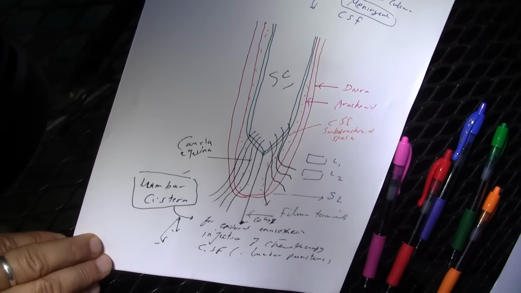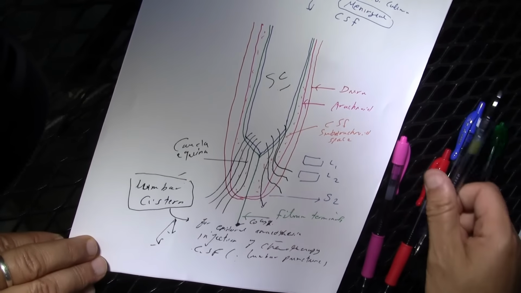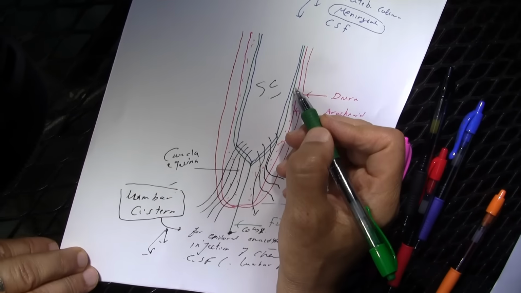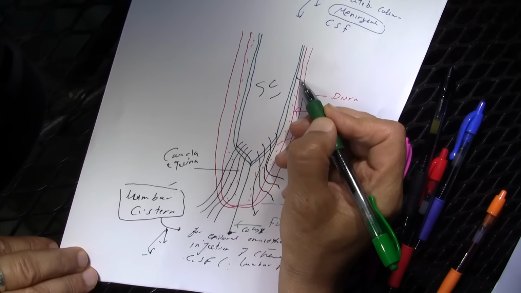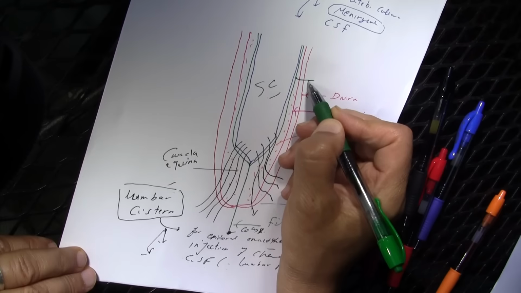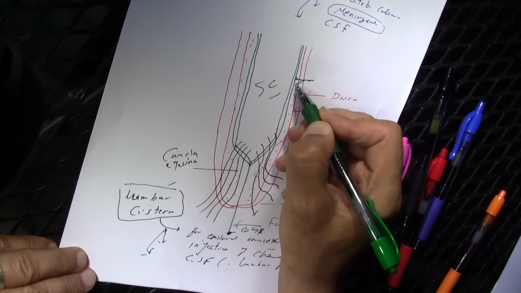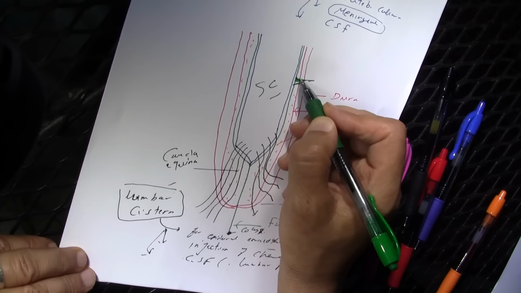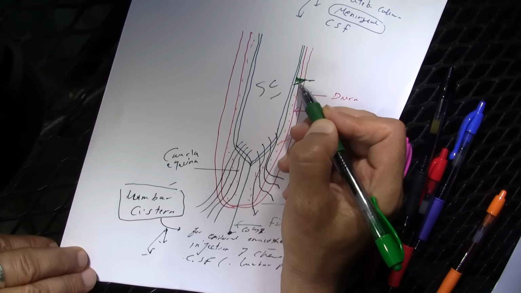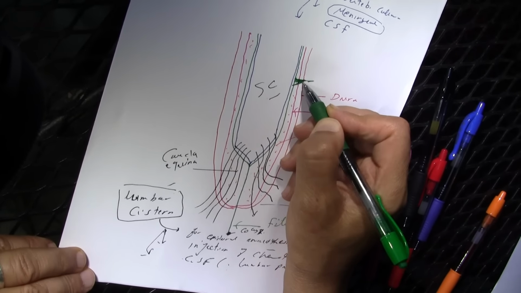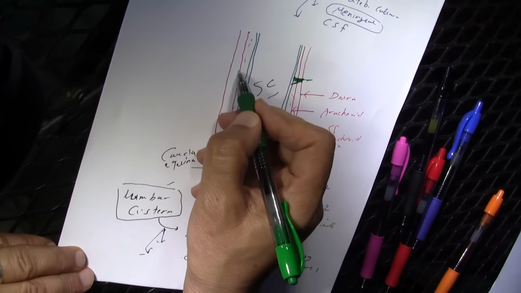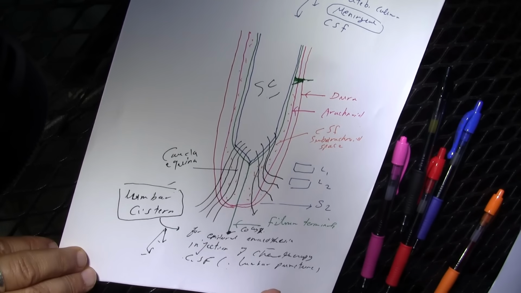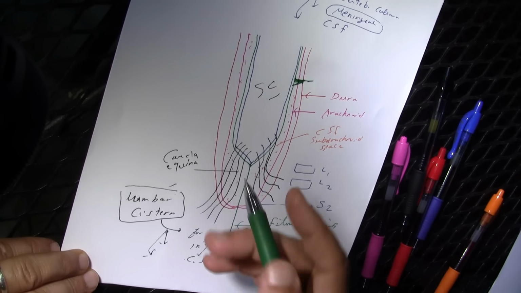And from the side you have extensions from the arachnoid mater. Triangular ligaments extend from the arachnoid and penetrate to the dura and fix the spinal cord, preventing its displacement, especially longitudinal displacement.